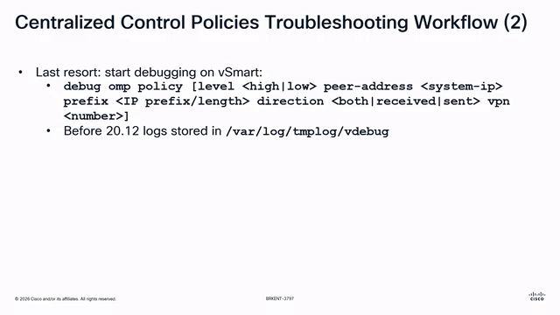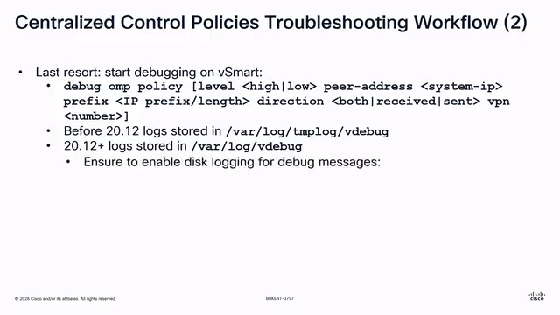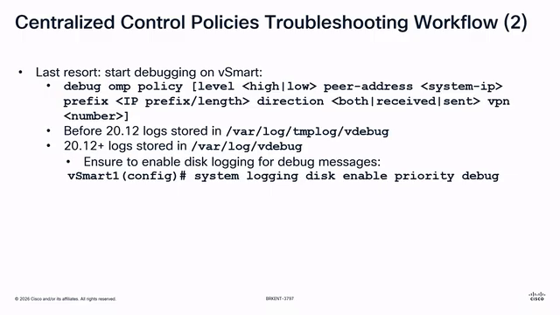The advantage is that we are not writing it to a disk and not using the disk IOPS, but at the same time, if the device, I mean vSmart, reloaded, all logs are lost. So starting from 20.12, we decided that it must be a permanent location, but by default, it's not enabled. You need to enable it. And to enable this permanent location, you need to configure system logging disk enable, and the level of debugging.